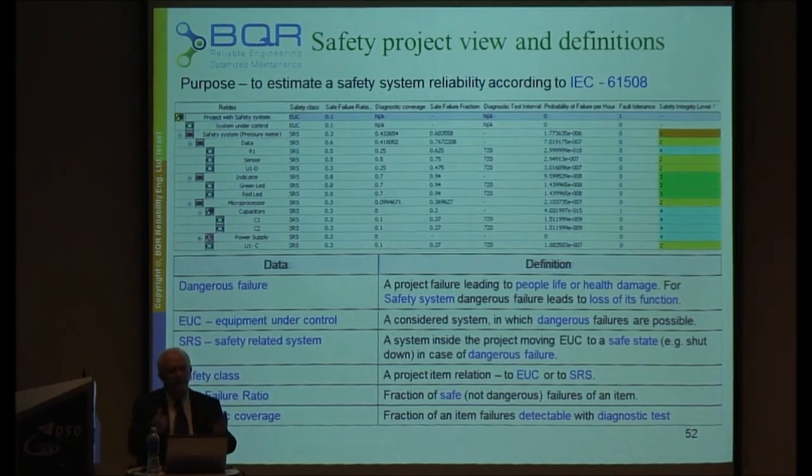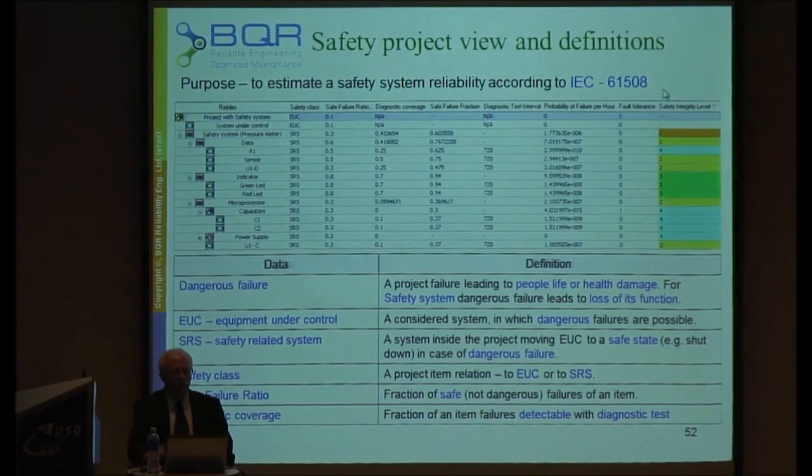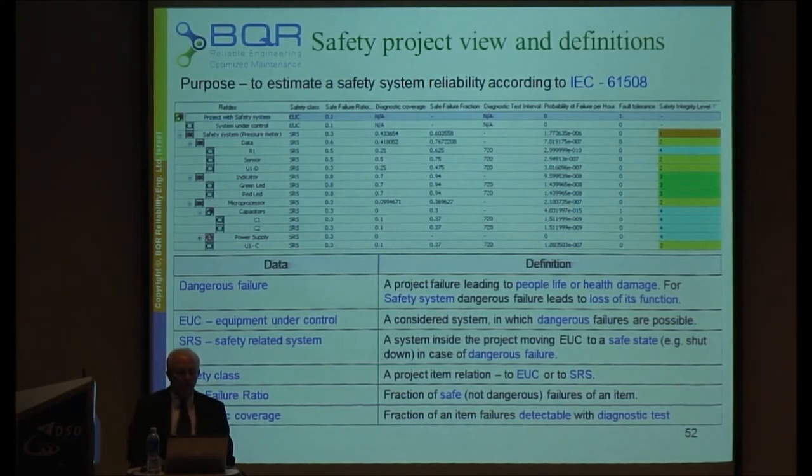So the industry came up with a standard. They call it IEC 61508, to help manufacturers specify, or rather analyze, and give grades to the safety level of the product. They call it SIL, Safety Integrity Level.